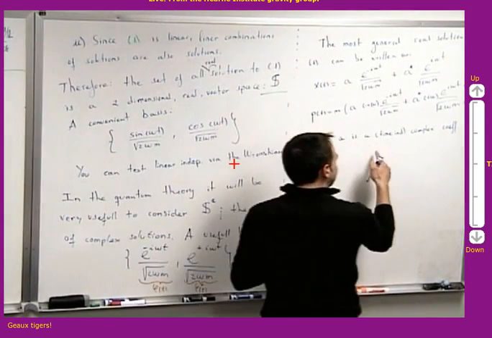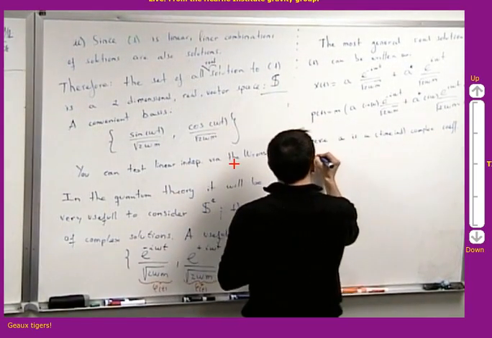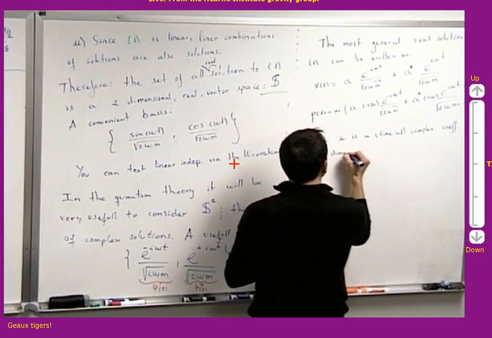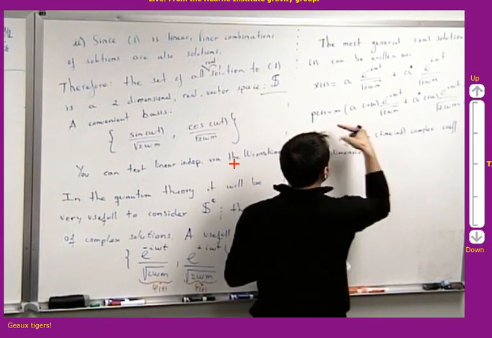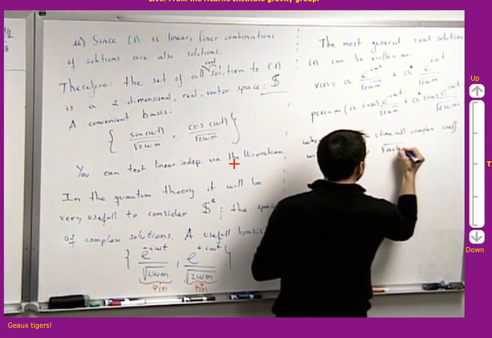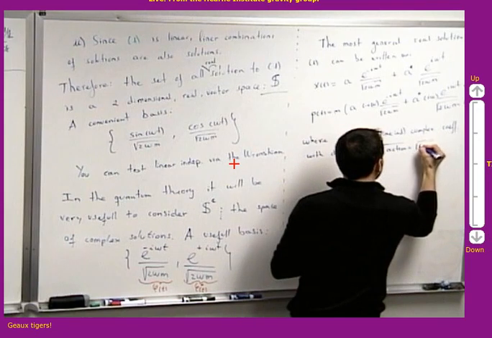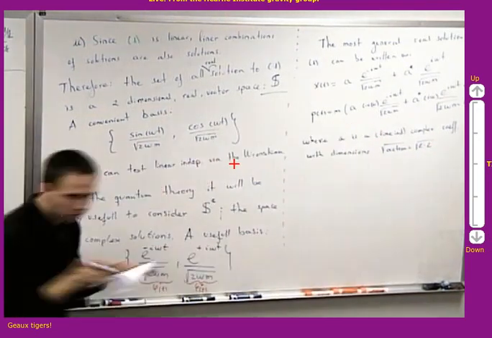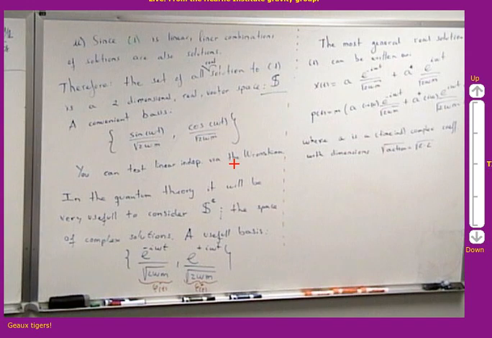Where A is a time-independent complex coefficient with dimensions. If you work out the dimensions, A needs to have dimensions of the square root of action, so the square root of E times L. Okay, so this is the classical theory of a harmonic oscillator, and now that you have explicit solutions, you can compute whatever you want.